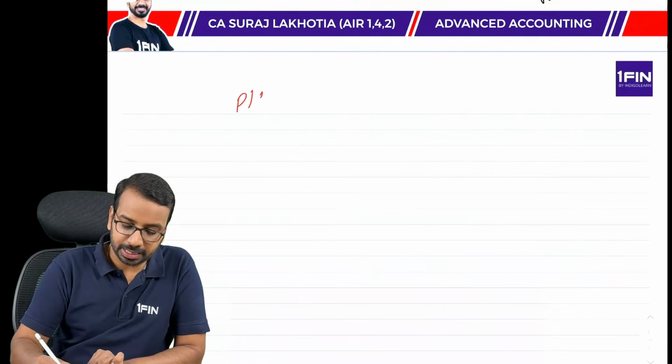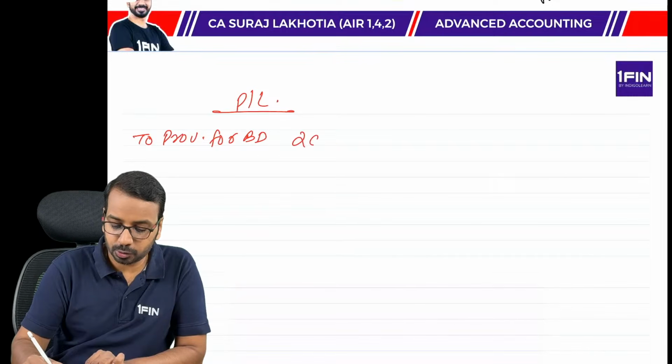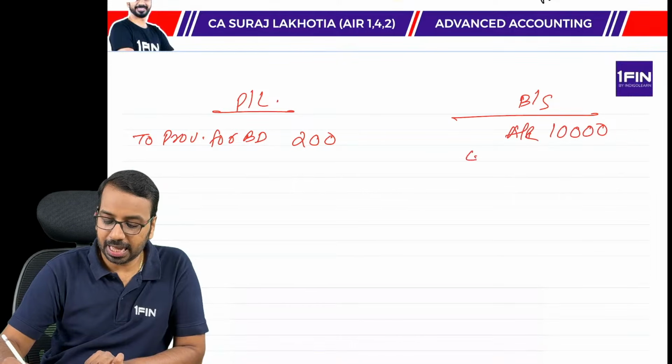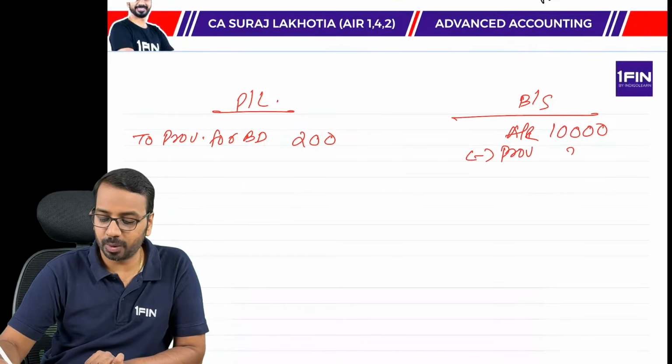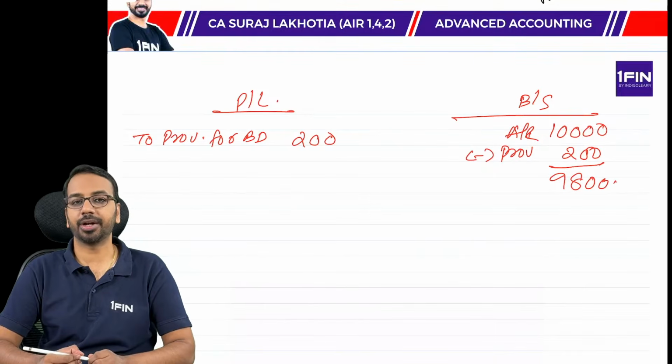So in the P&L you will have provision for bad debt, how much? 200. In the balance sheet you will say, sir, 10,000 is the account receivable. I have created a provision for how much? 200. Now I am expecting I will receive 9,800 only.